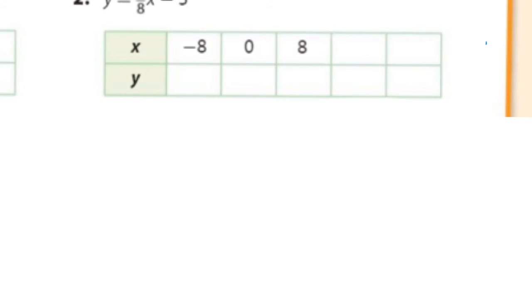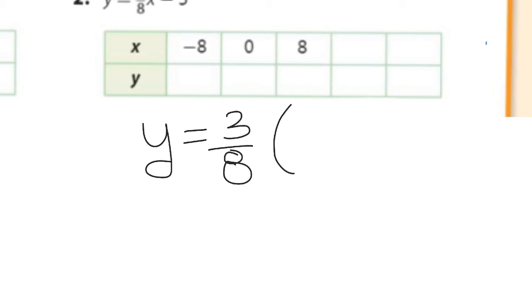Okay, problem 2. Problem 2 is y equals 3/8. I'm going to multiply that by the x value, minus 5. Now recall that we don't use subtraction. Change your subtraction to addition, and that 5 becomes a negative.